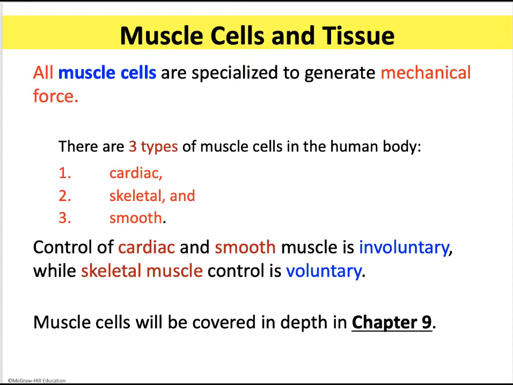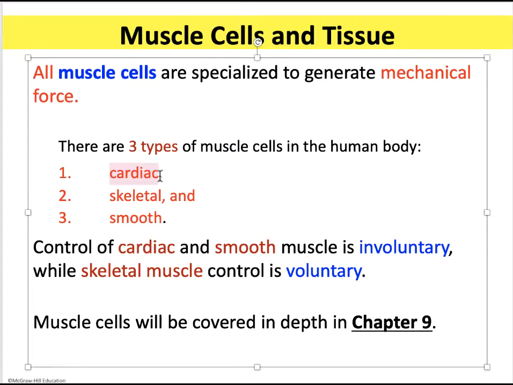Let us take a quick and precursory view inside the muscle bucket. Here we find that muscle cells in the human body are further subdivided into 3 subgroups: cardiac, skeletal, and smooth. That's it. So this one's easy. Only the heart is made of cardiac muscle cells.